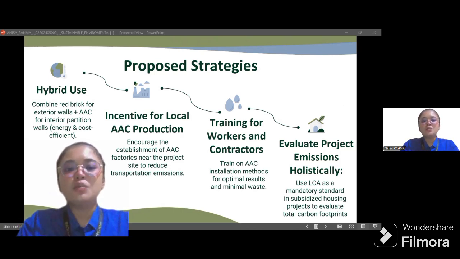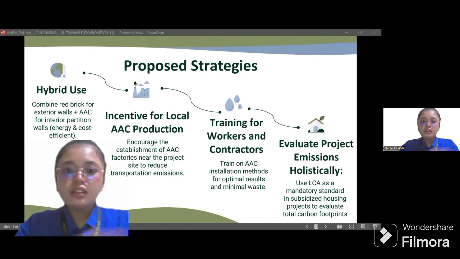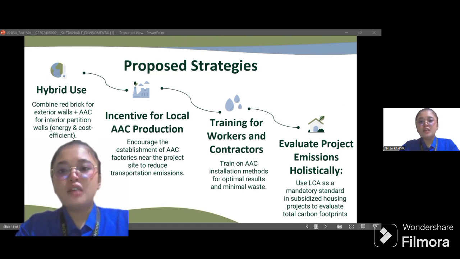The first one is hybrid use, a combination of red brick and AAC. This strategy combines the strengths of both materials based on their function. Exterior walls use red brick because of its higher compressive strength, capable of withstanding structural load and extreme weather exposure.